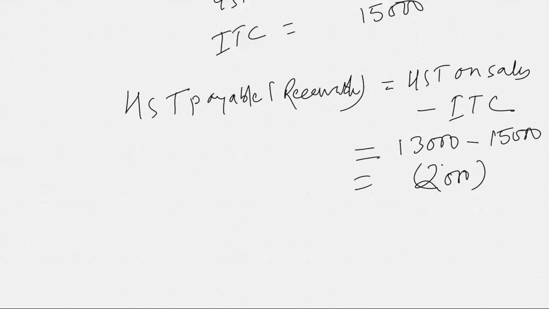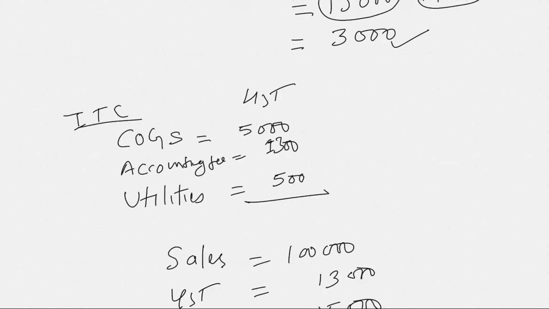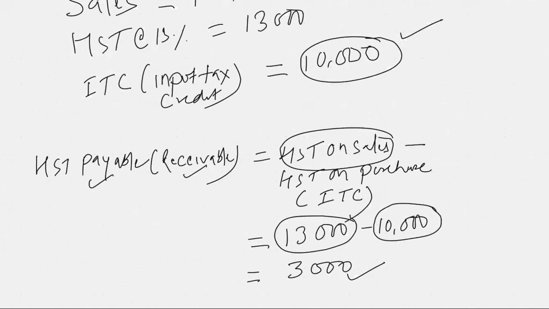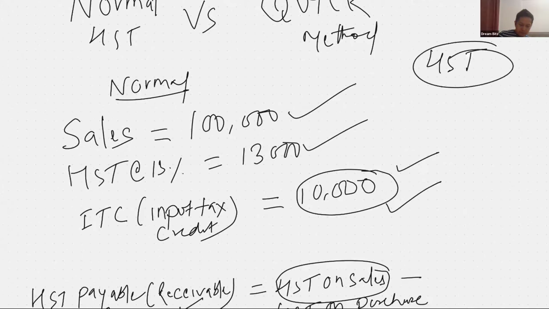This is the normal method. In the normal method, you need three things: one is your sales, second is your HST on sales, and third is your input tax credit. While filing the HST return also, you only need these three things: sales, HST on sales, and the ITC.